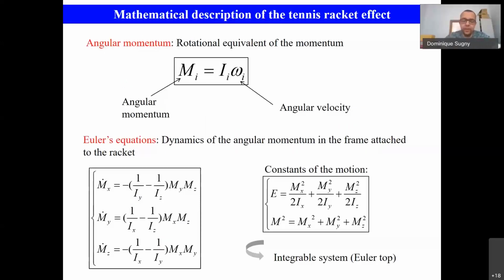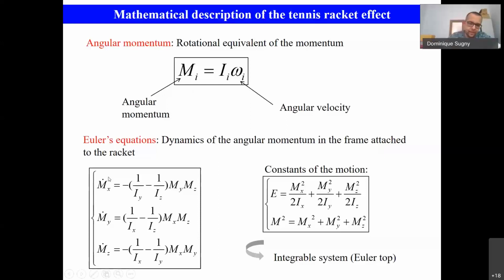Okay, so now I have to enter into the details of the differential systems to describe even more the tennis racket effect. For that, I have to introduce the Euler equations, which give the dynamics of the angular momentum in the frame attached to the racket.